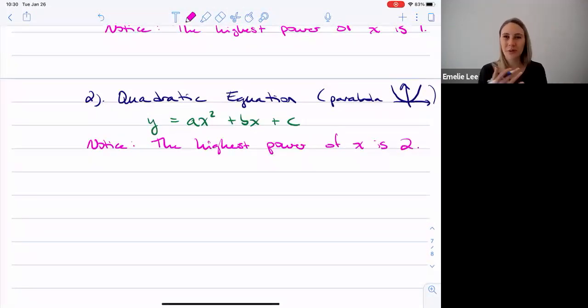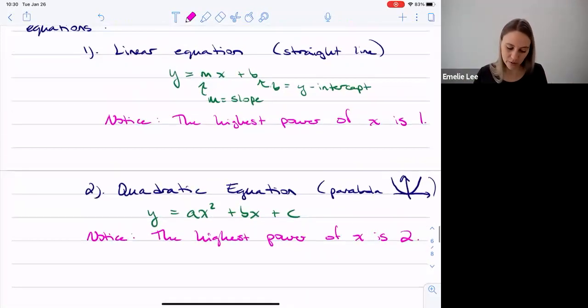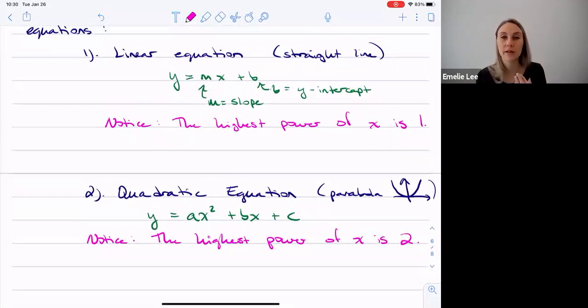We're working our way up here. This is where we're going to stop and pause for a little bit. We're going to talk about how we solve linear equations and how we solve quadratic equations, but just being able to recognize these things is going to be really, really useful.